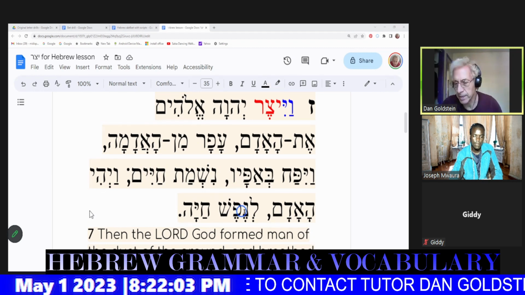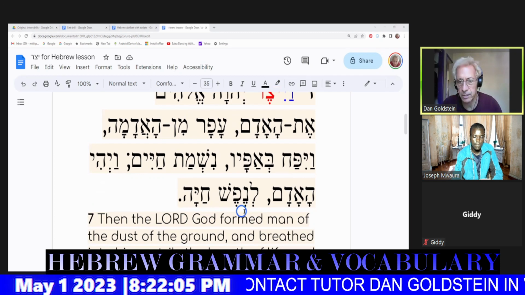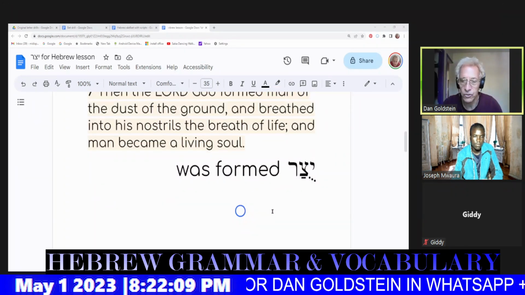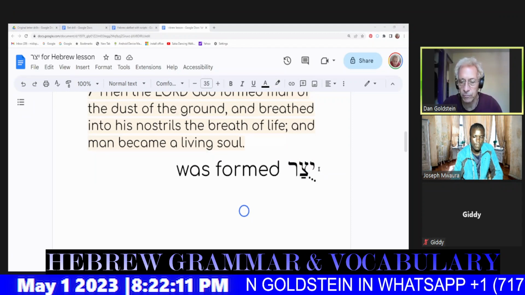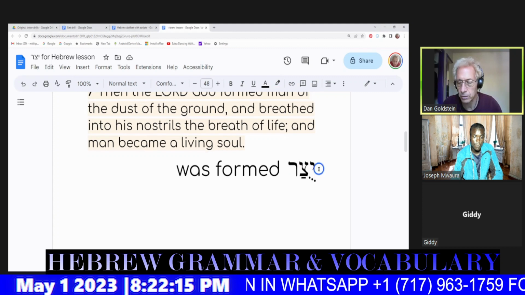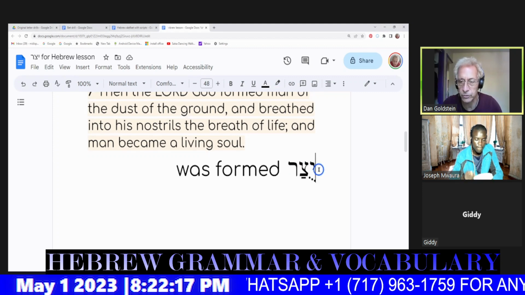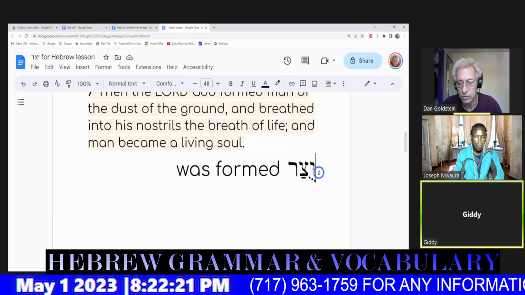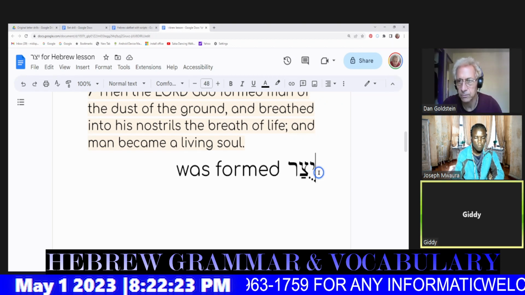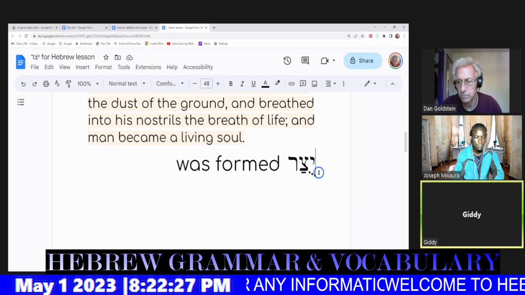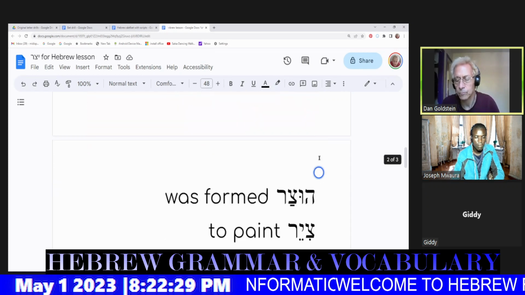There are many interesting variations on the Yatzar shoresh. Gideon, could you read through them with us? We're starting with the Yutzar, was formed. Gideon, could you lead us kindly? Yitzar. Nice.